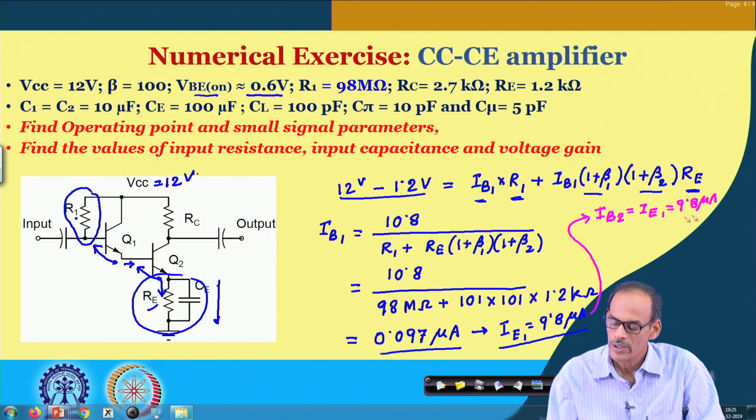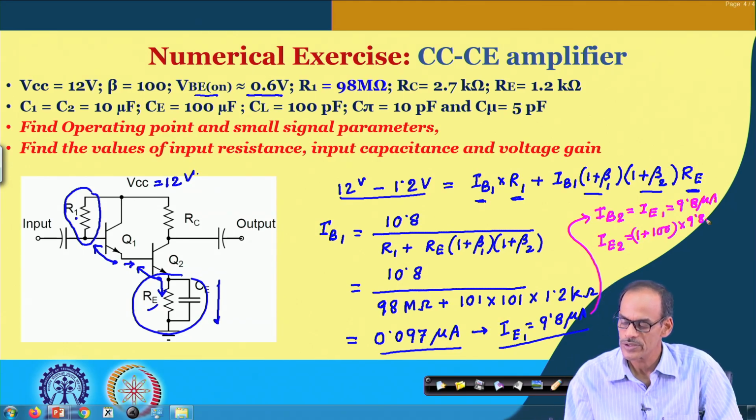And then we are getting IE2, which is (1 plus beta), that is 100, multiplied by 9.8 microampere. So, that gives us 1 milliampere.